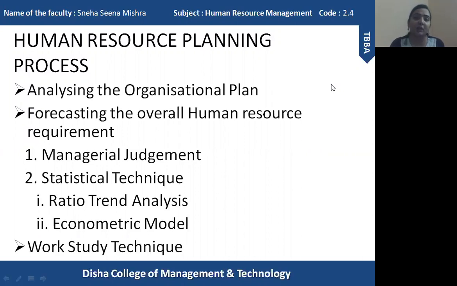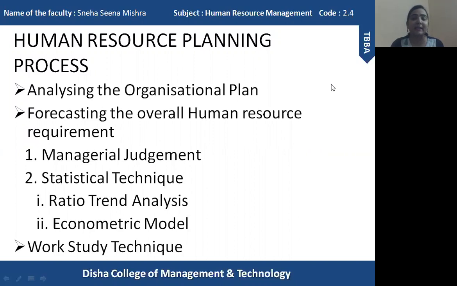So whenever the organization wants to prepare a plan for human resource, first of all, they need to understand the organizational plan, the various aspects of the organizational plan, the capability of the organization, what type of human resource is required in the organization, what kind of workforce they have at present, and what potential and capabilities our existing employees have.